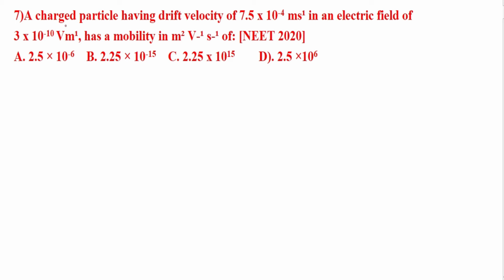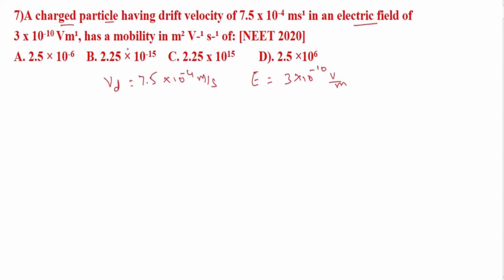He gave that he has a charged particle whose drift velocity Vd is equal to 7.5 into 10 power minus 4 meter per second, and this charged particle is moving in an electric field E is equal to 3 into 10 power minus 10 volt per meter.